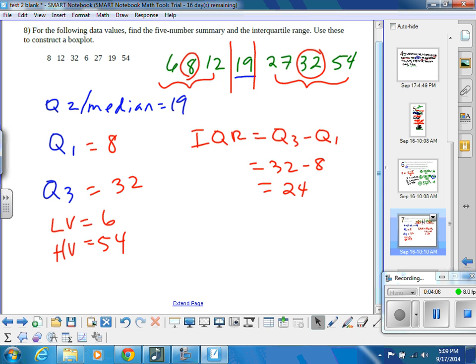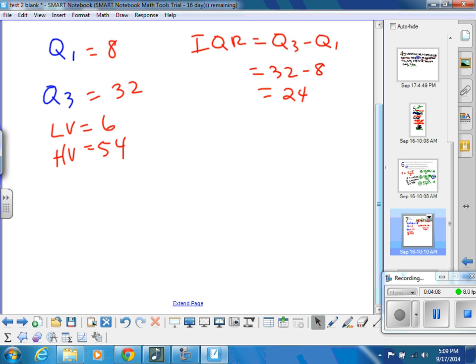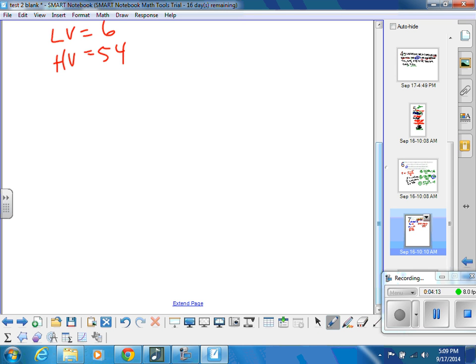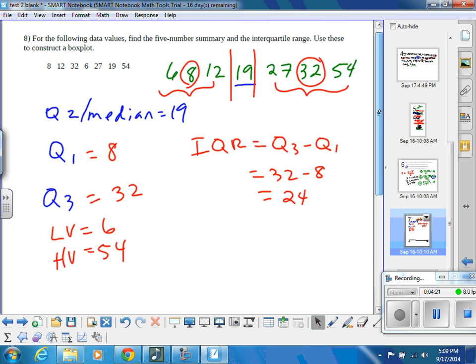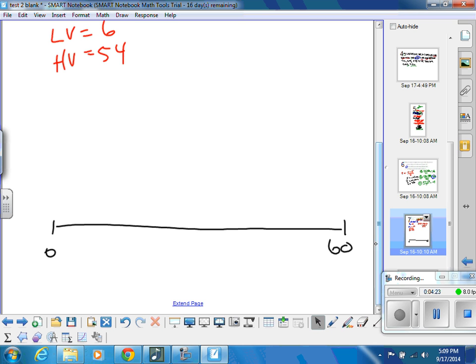Now, let's go down to our box plot. I'm not the best at drawing, just put that out there right from the get-go, okay? So you want to have this. I'm going to do 0 to 60. Nothing fancy about that, okay? My data started at 6 and ended at 54, so I'm trying to get as close as possible to those numbers, okay? Making sense?